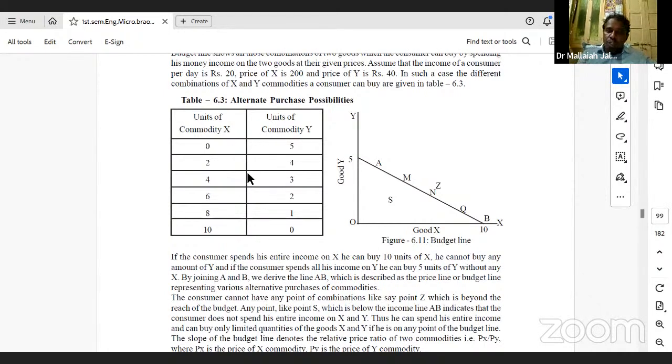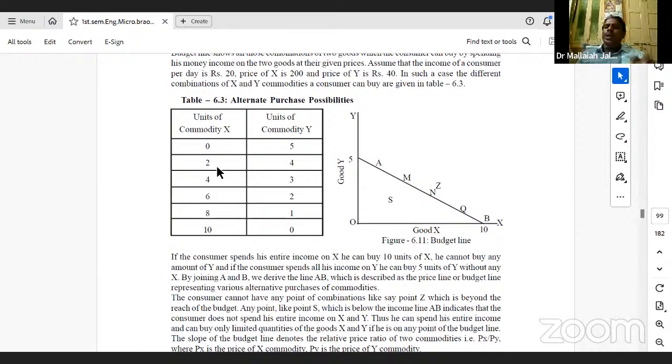And if he wants to purchase X commodity and Y commodity at the same time, he can allocate his given income. For example, two X commodities and four Y commodities can be purchased. If he wants to increase X to six commodities, Y commodities are two. When we observe this, Y is decreasing drastically due to the increase of X commodities.